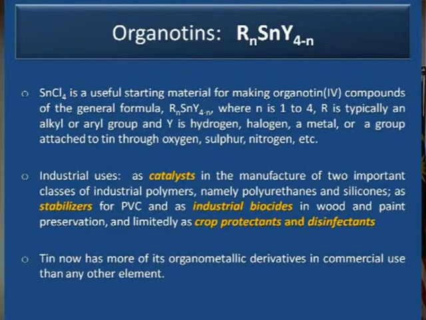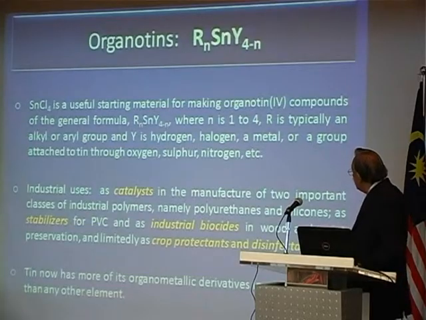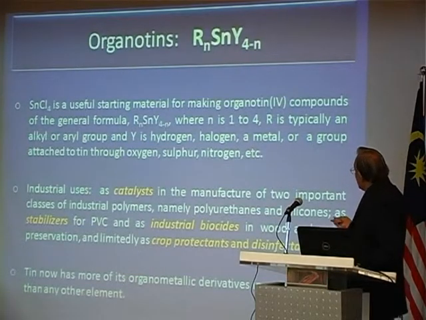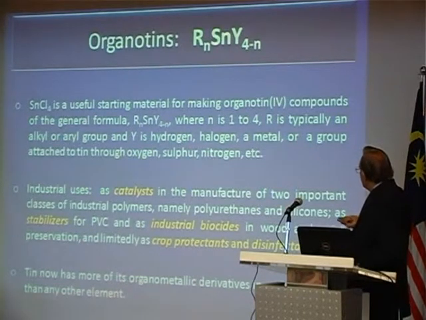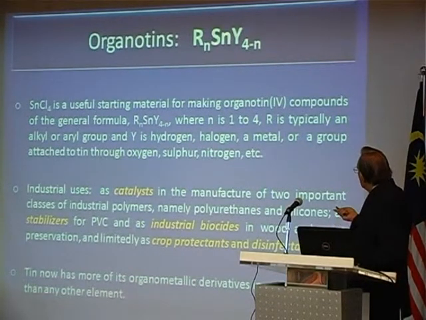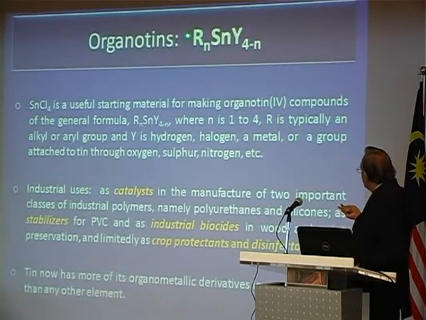Now to organotins. This is where much of the residence time will be. As I mentioned, there's an organic group attached to tin, and there's an inorganic ligand, like a halogen, hydrogen, or oxygen, it doesn't matter. The organic group is typically butyl, methyl, octyl, or phenyl.